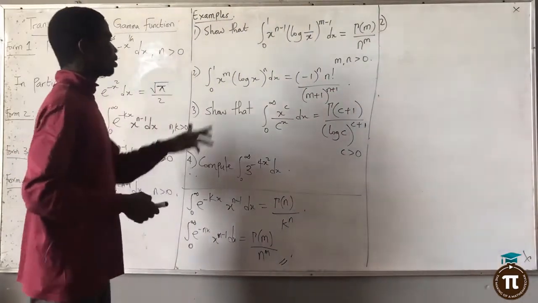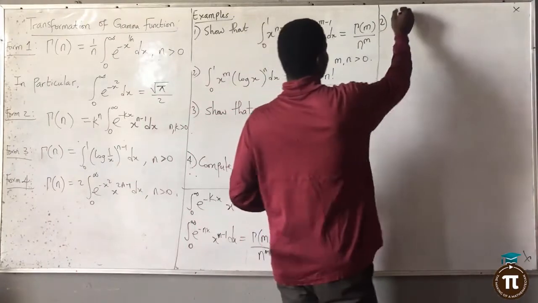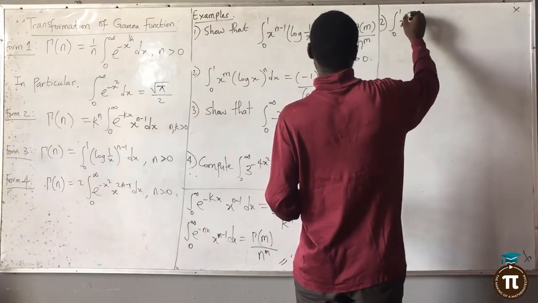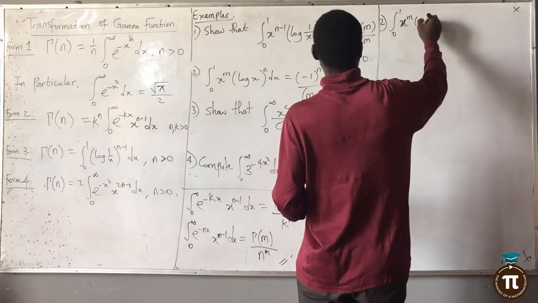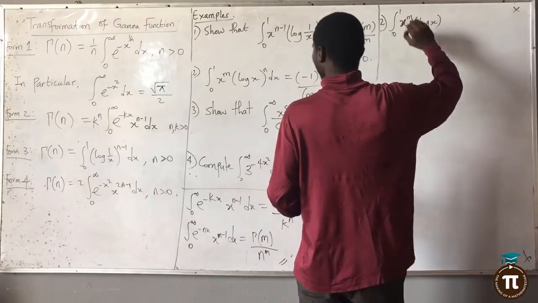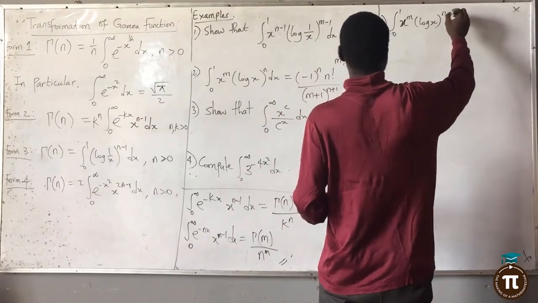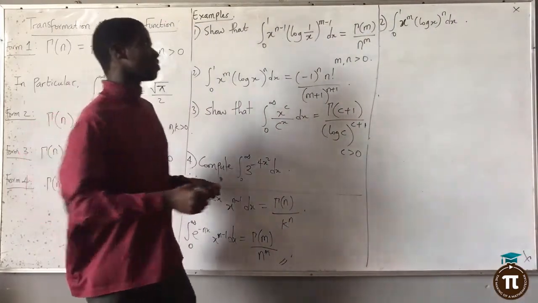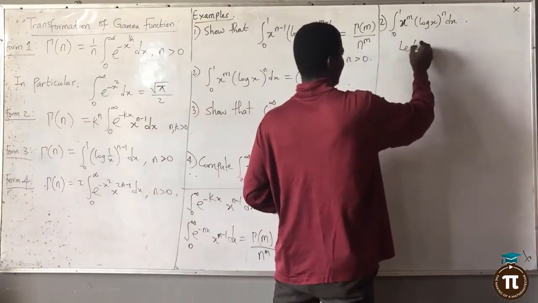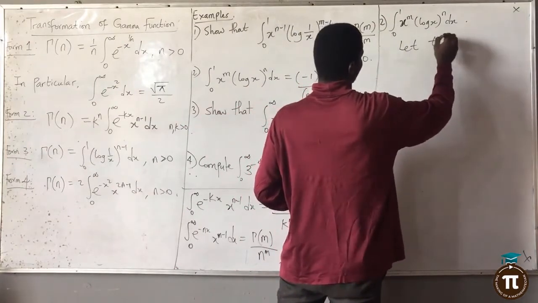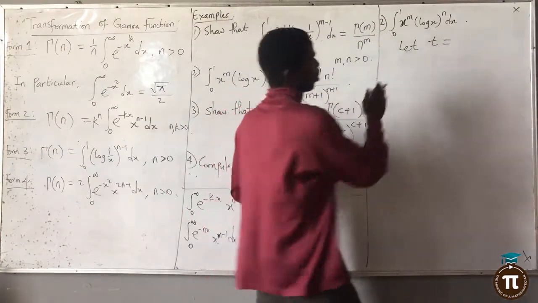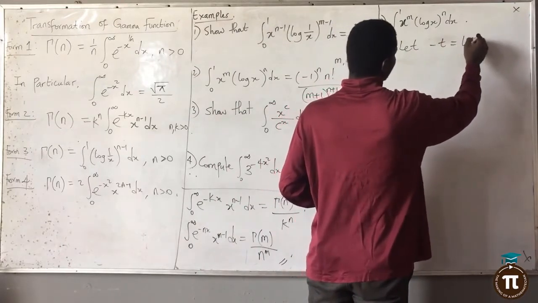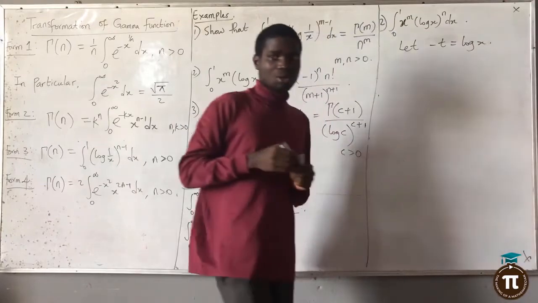So number 2 is saying that integral from 0 to 1 of s raised to the power m, log s raised to the power of n, ds. In this case, I will let negative t be equal to log s.